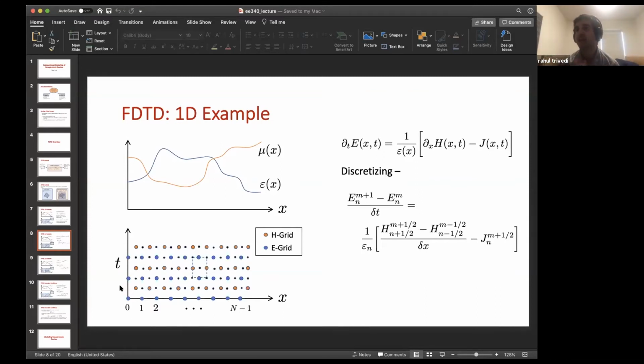And still be accurate. And if you look at literature on FDTD, people also look at higher order approximations for the derivative, where instead of just approximating the derivative with 1 point to the left and 1 point to the right, they approximate it with many points to the left and many points to the right. So if you think about the Taylor series expansion, your Taylor series expansion of a function is f of x naught plus the first derivative term plus a second derivative plus a third derivative and so on.